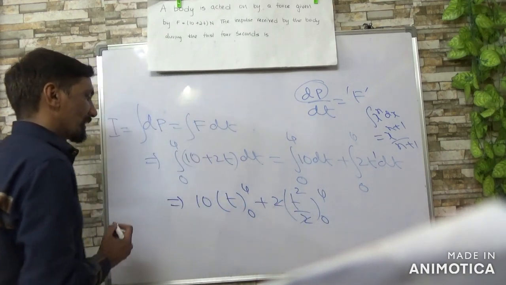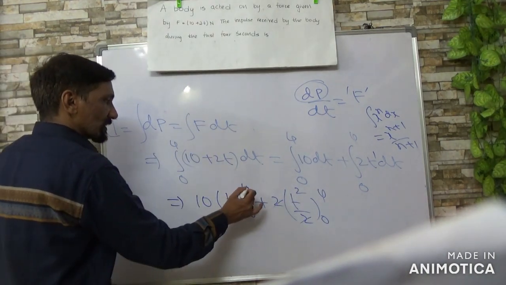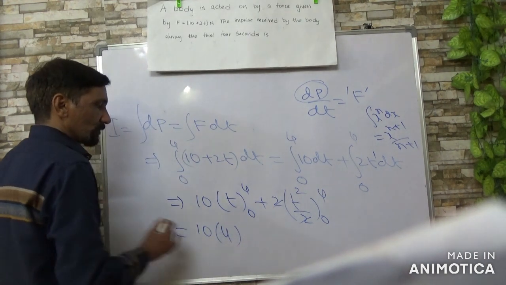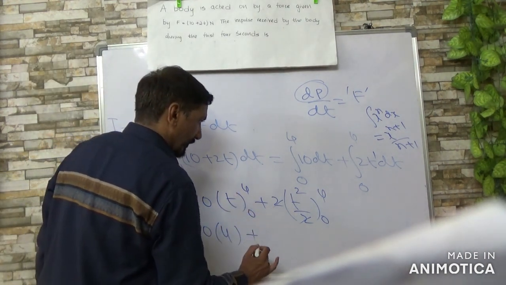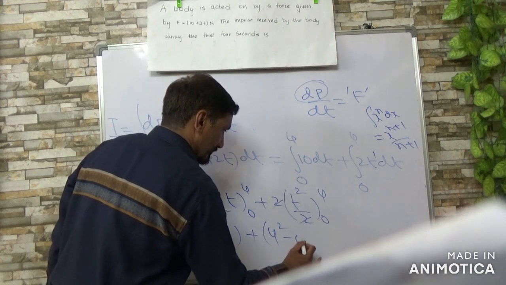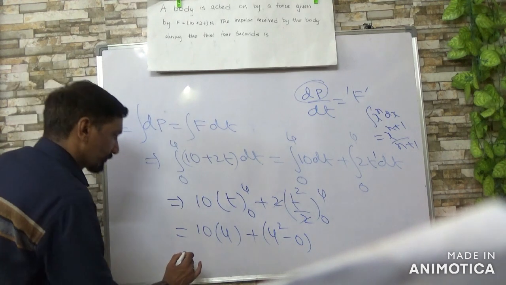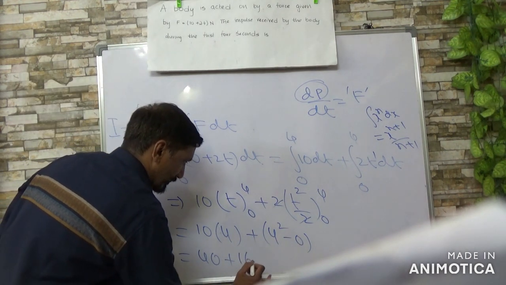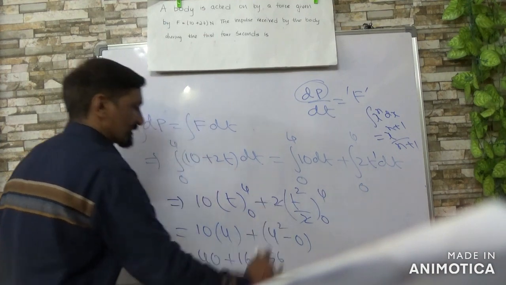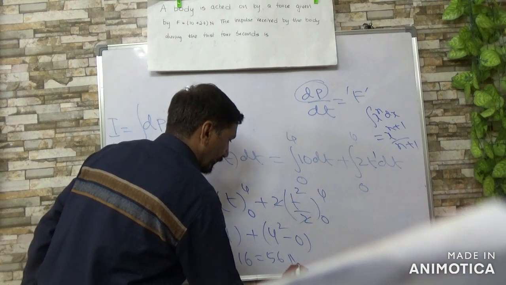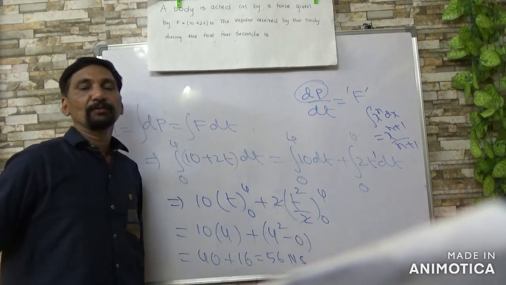The 2 cancels. Always upper limit minus lower limit. So 4 minus 0, plus 4 square minus 0. So 40 plus 16, 56. Force into time, so the unit is Newton second.